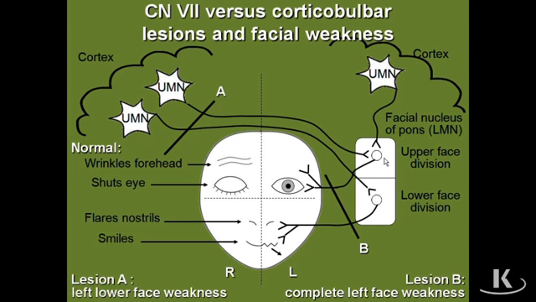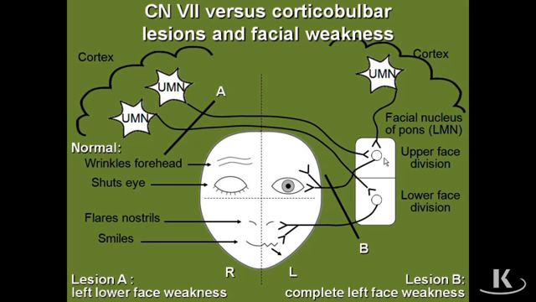If you're presented with a patient that has a weakness in the ability to wrinkle the forehead, can't shut their eye, can't flare their nostril, and the corner of the mouth droops, that lesion is most likely in the facial nerve as indicated by lesion B in this particular illustration.